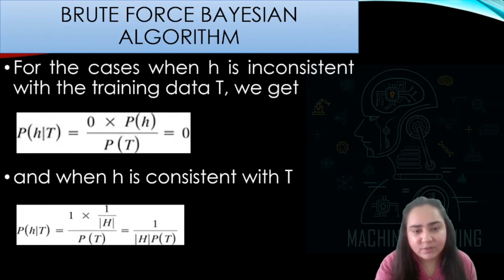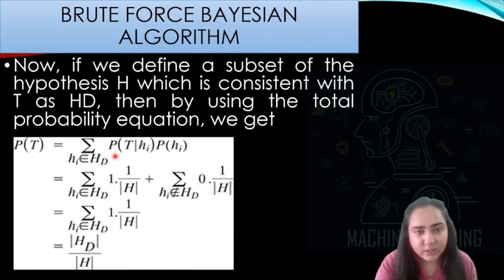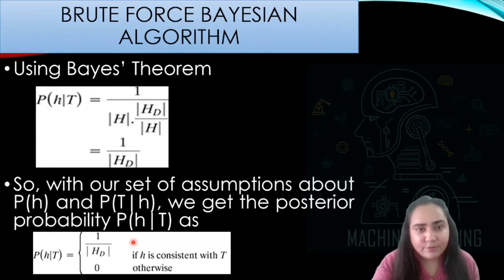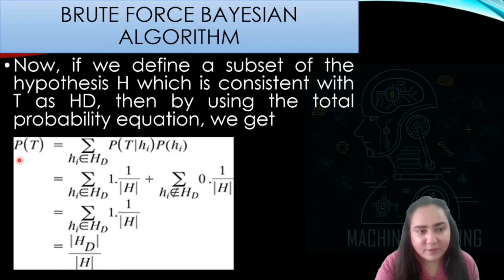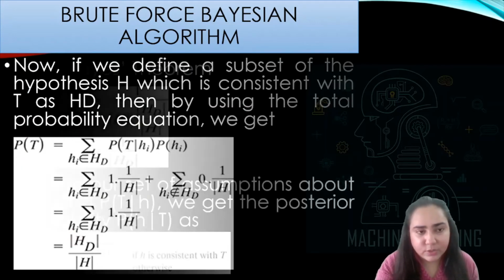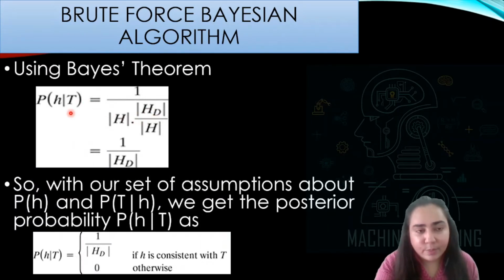So basically what we've just done is taken the formula of P of T out. We are just taking P of T on that side and adding P of h given T on this side. And then we can calculate the probability of T or the target values. Now, if you use Bayes' theorem, we already found the value of P of T, which is mod HD upon mod H. And if you put that in Bayes' theorem, you would be getting this answer, which is 1 upon mod HD.